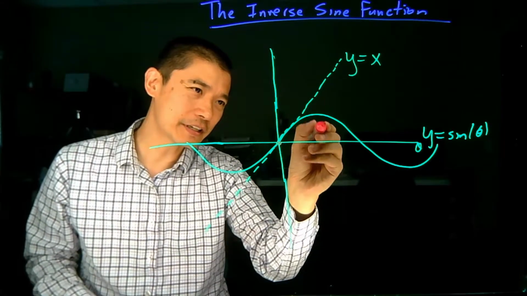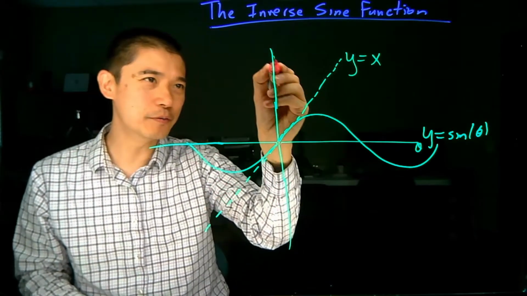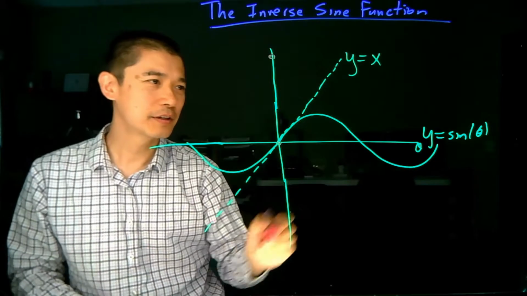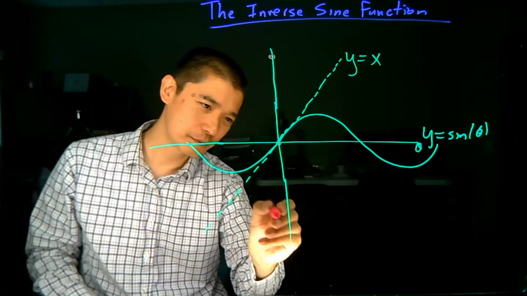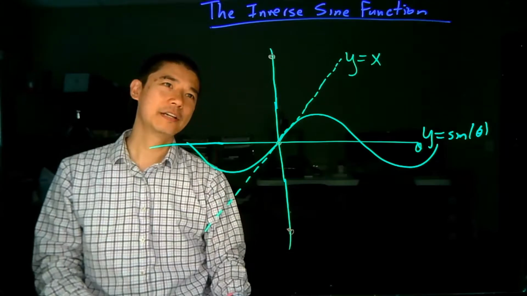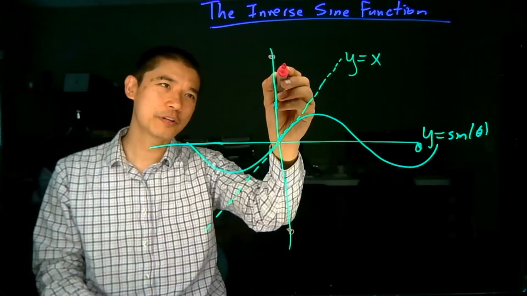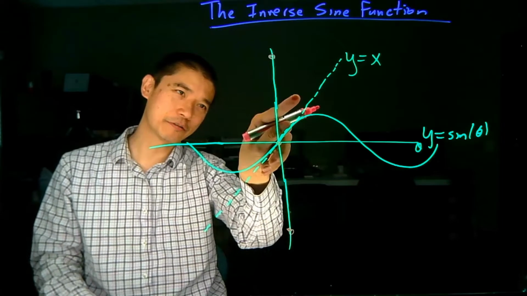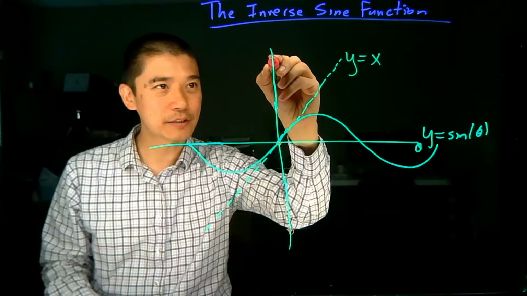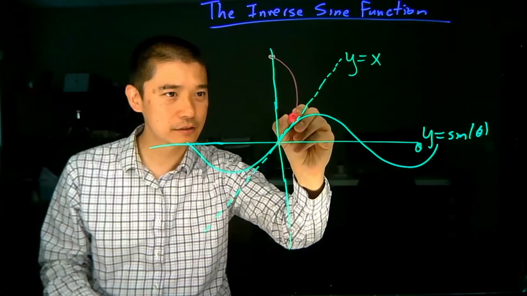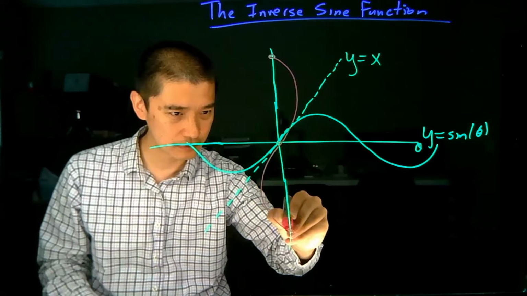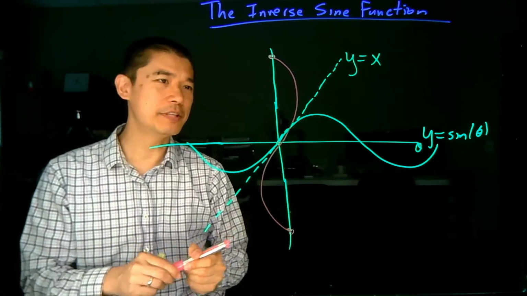Let's take this point right here. This point moves up here. And this point over here moves down here. And in between, the general shape of the graph is just waving back and forth. And in this case, you can see that this part is going to reflect over here. So we're going to get something that looks something like this. And that would be the inverse function.